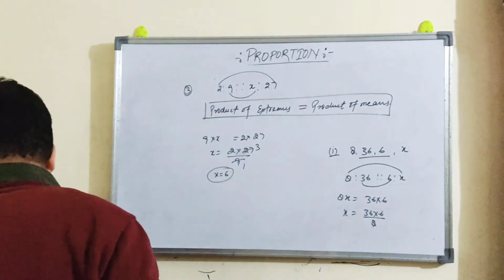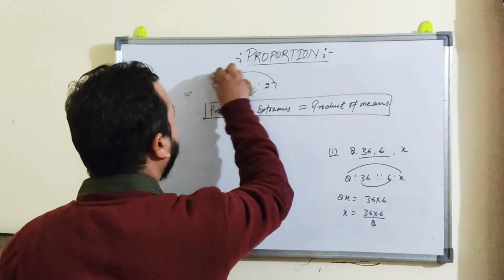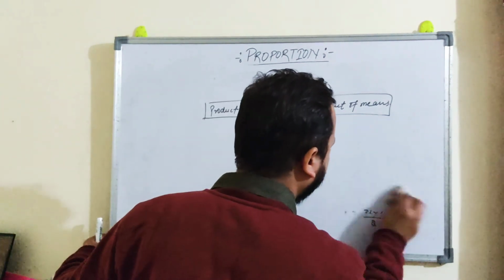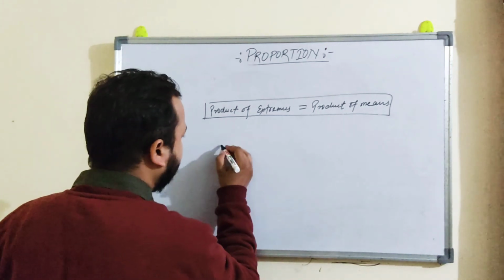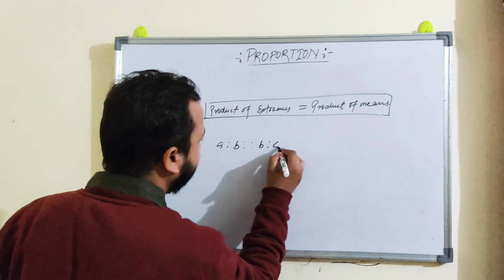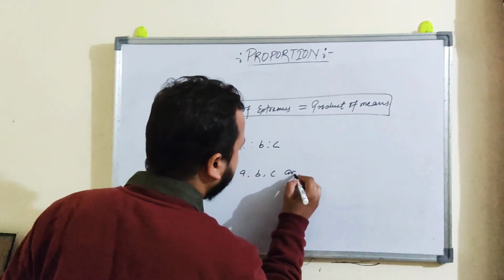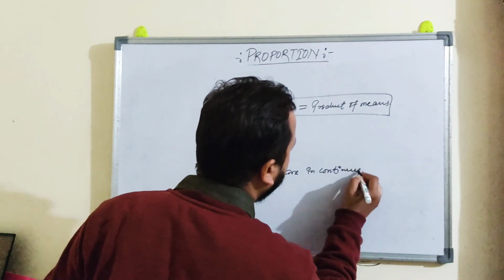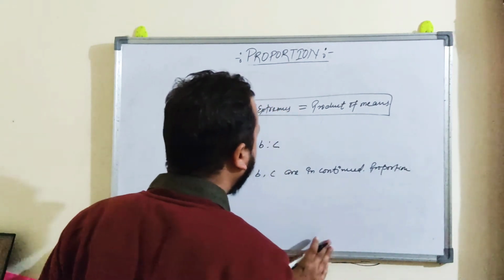So for continued proportion, here 3 numbers are given. So look, if it is written like this, A is to B, then B is to C, so you can say that A, B, C are in continued proportion, right?